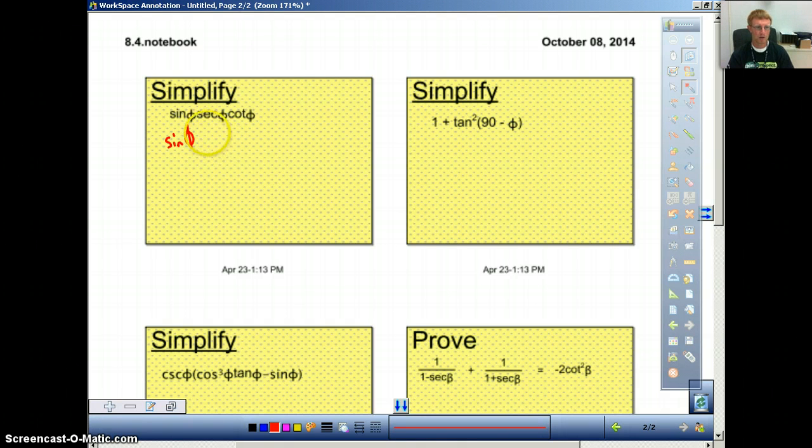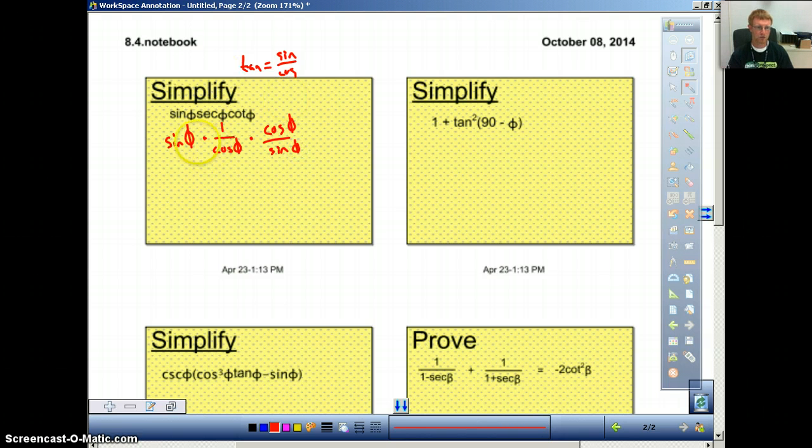I'm going to change secant to 1 over cosine of phi. And then I'm going to change the cotangent. Again, remember that tangent is equal to sine over cosine. So I'm going to reverse that, and it's going to be cosine over sine of phi.